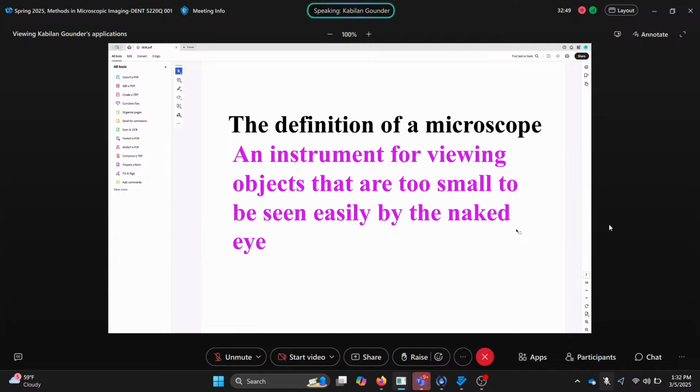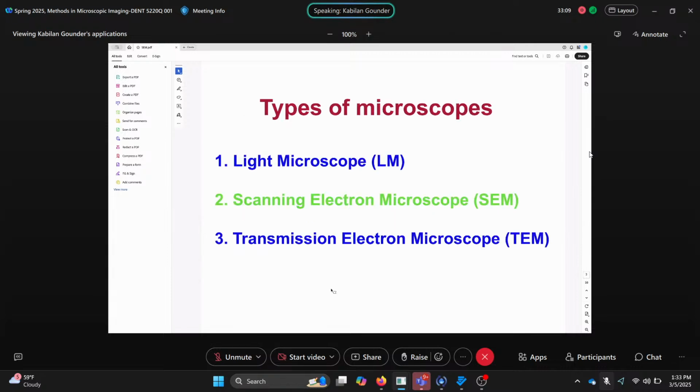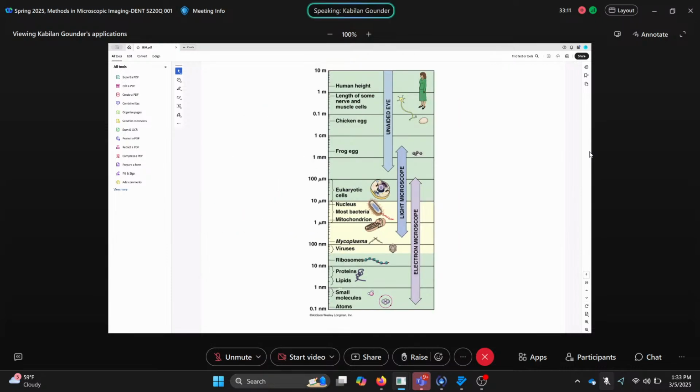As we discussed, the microscope is an instrument for viewing objects that are too small to be seen easily by the naked eye. So that is the purpose of our microscope. We discussed that with an electron microscope you are able to see things smaller than a nanometer.